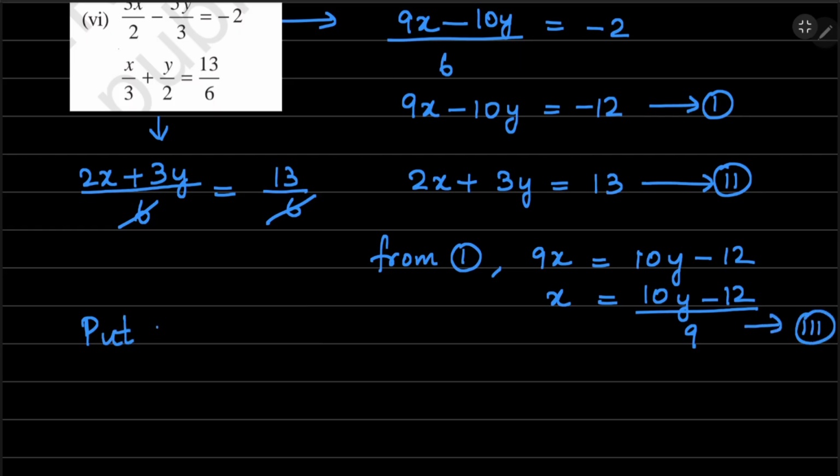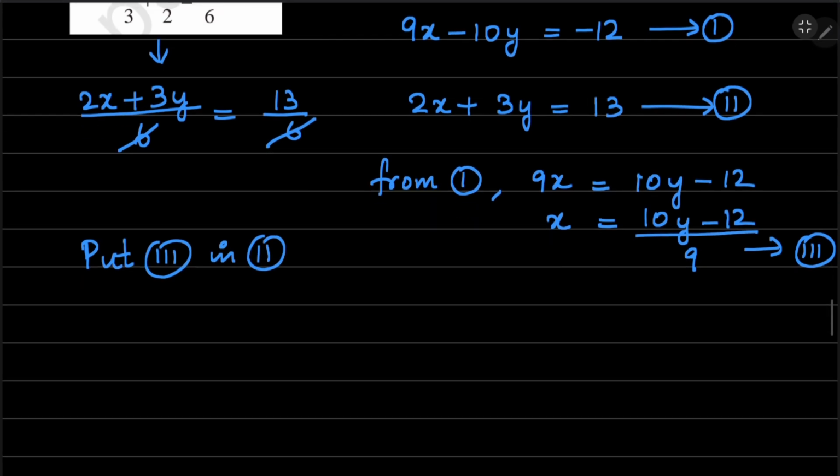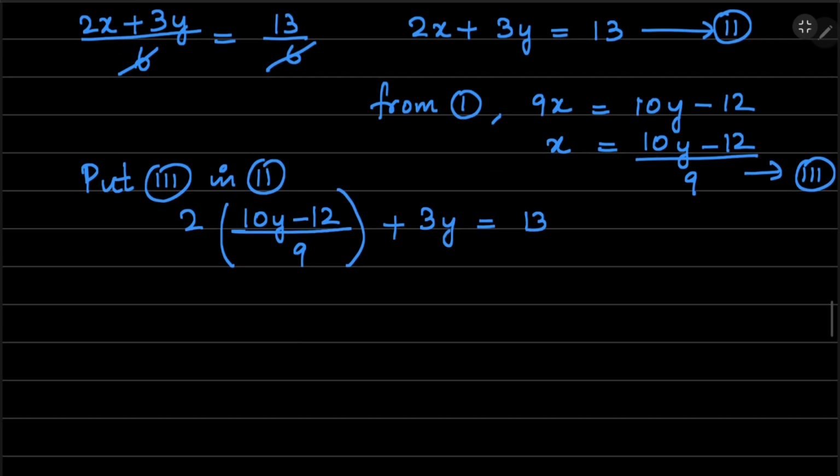So we can write, this is your equation number 3. So let me write, put 3 in 2. So what is it? 2 multiplied, in place of x, I am going to write 10y minus 12 divided by 9, plus 3y equal to 13. Right? Take the LCM again here. Your LCM is 9. What is the numerator?